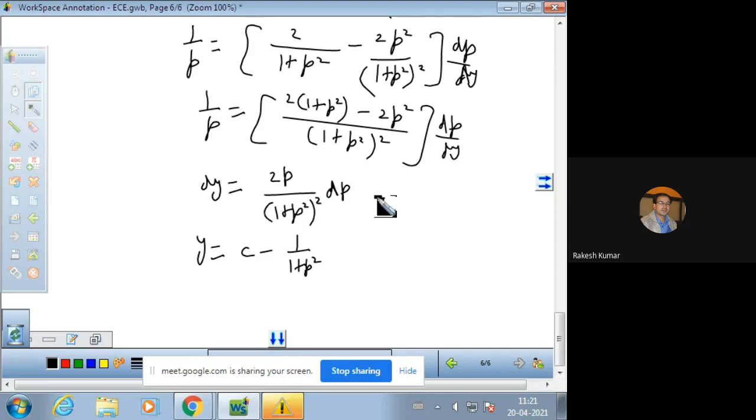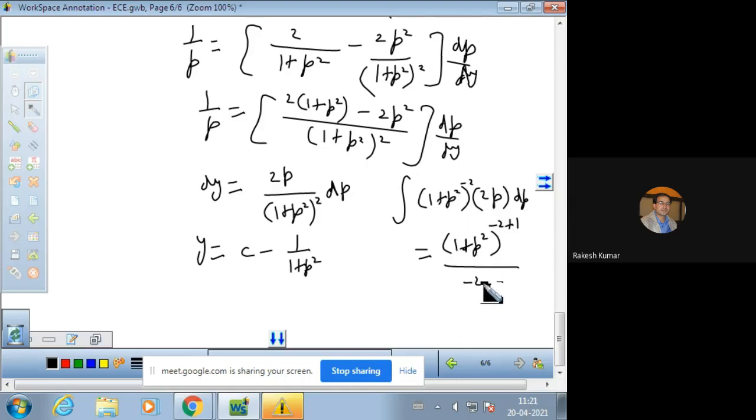The integration of this term will be 1 plus p square whole raised to power minus 2 into 2p into dp. So its integration will be 1 plus p square raised to power minus 2 plus 1 over minus 2 plus 1. So this will be the integration.